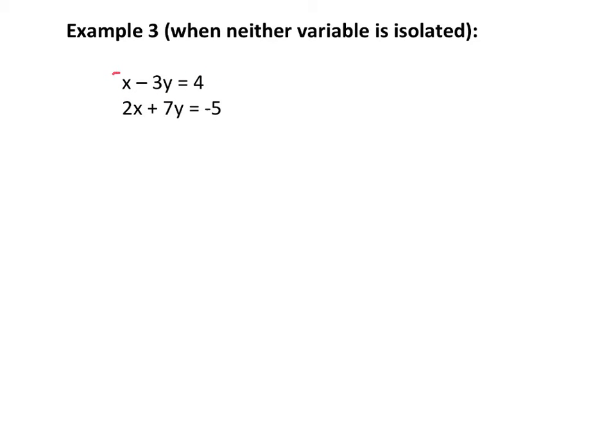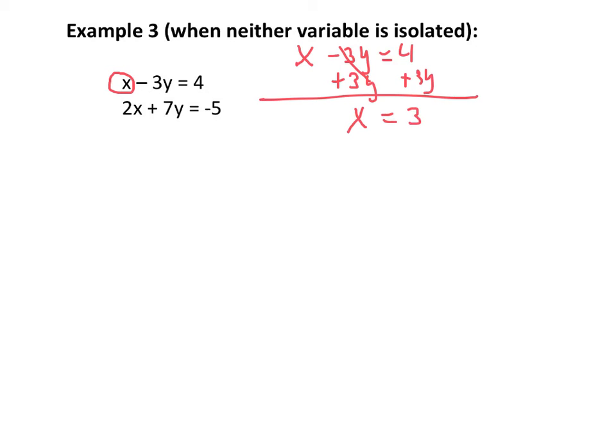So I'm going to solve for x right here. So if I have x minus 3y equals 4 and I solve for x, that means I'm just going to add 3y to both sides. It doesn't matter if you solve for x or y, you're just looking for the simplest to do. And the simplest is when you don't have a number for the coefficient, you just have 1.